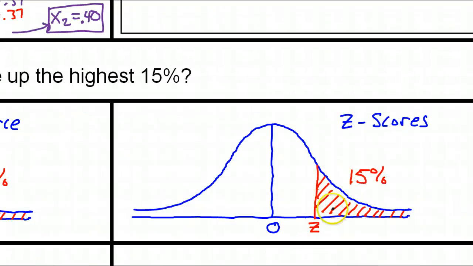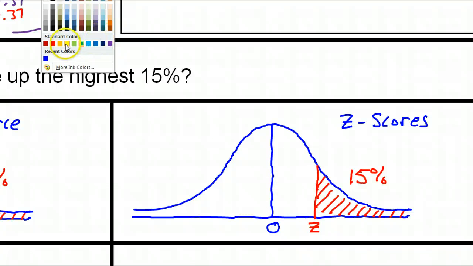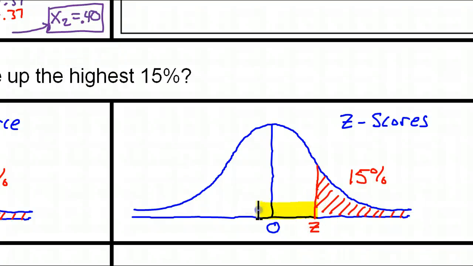So regardless of which part I'm shading, you have to use the left part. Everything I just shaded in yellow, that's the left, that's the percentage that I need.